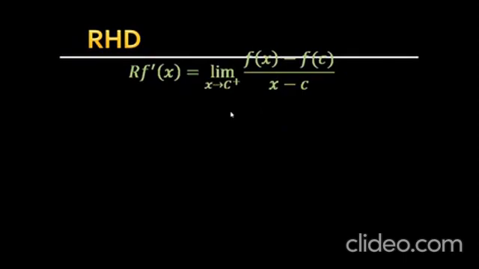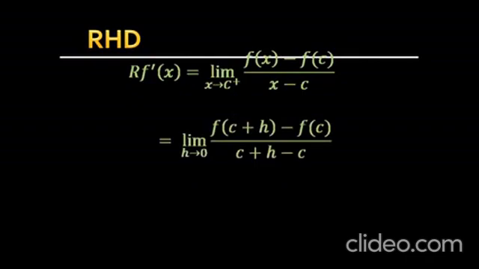After writing it, you have to replace the x by c plus h, because c plus is given, it means slightly more than c. So if it is slightly more than c, x should be replaced by c plus h. So we can write limit h tends to 0 of f(c plus h) minus f(c) upon c plus h minus c.